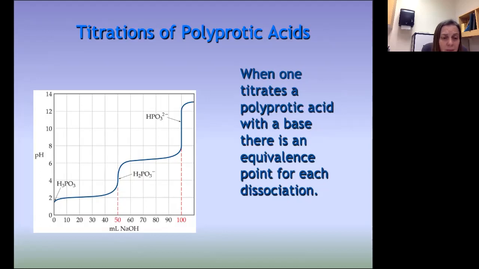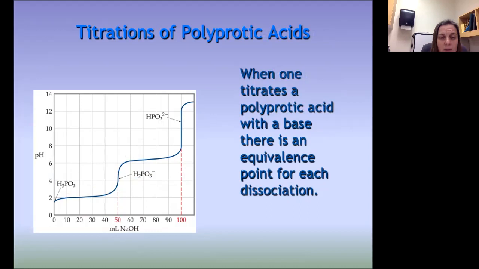This is stepwise because this is governed by the equilibrium. And so rather than some molecules being more dissociated and some molecules being only singly dissociated, it really is going to be a reaction where the single dissociation is going to happen first and then the subsequent dissociation. So we can see that we have two different equivalence points.